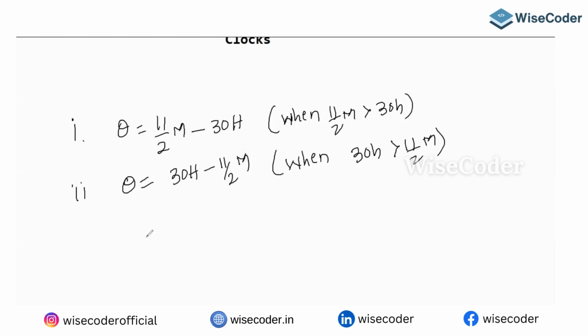So instead of remembering these two, I can say theta is equal to the mod of 11 by 2 m minus 30 h. You need to write a positive value. So these are all the formulas and all the facts regarding clocks.